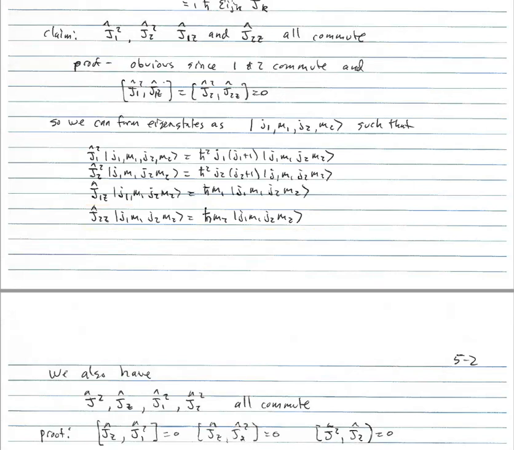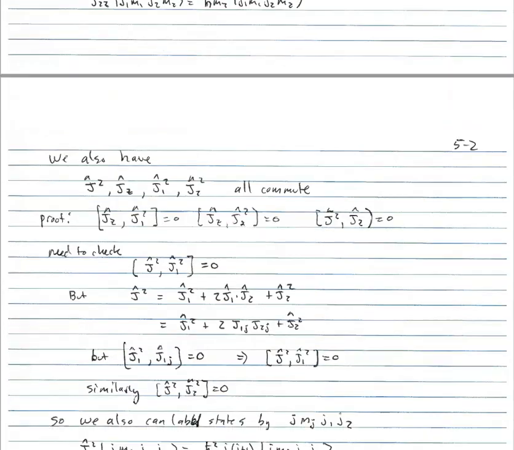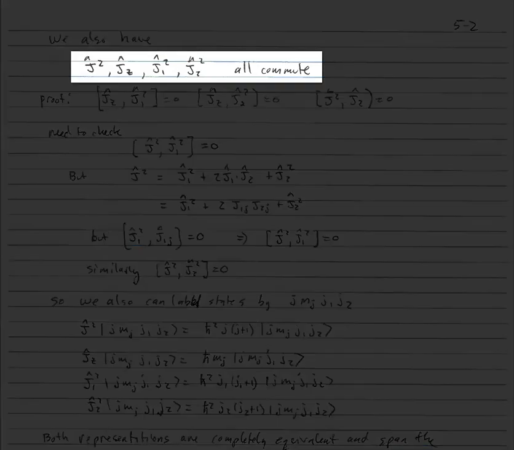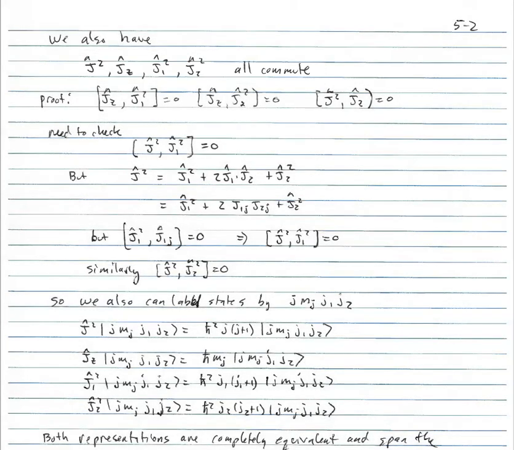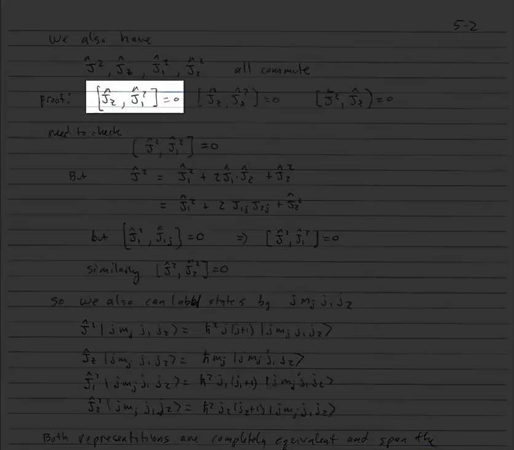There's another set of four operators that mutually commute. We can look at the total J squared, the total Jz, J1 squared, and J2 squared. Those also all commute. So let's first look at the commutator of Jz with J1 squared. Well, Jz is just equal to J1z plus J2z.